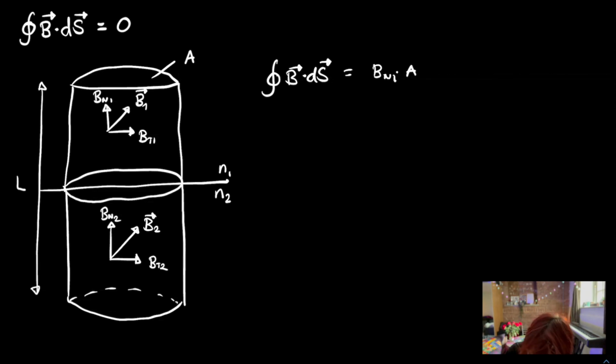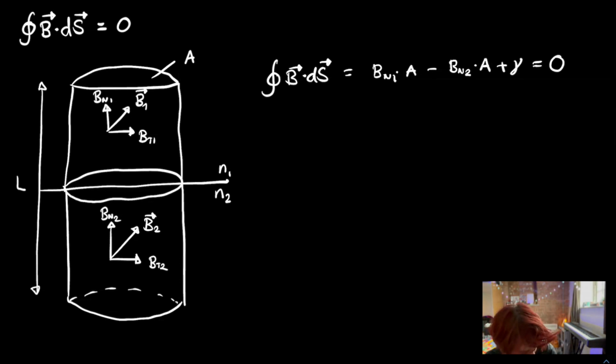But we're going to have flux going in through the bottom, so we get a minus Bn2 times the area. And then again, we get all this flux that's coming out through the sides, which we don't really care about, but we need to call it something, so let's call it gamma. And this is going to be equal to 0.